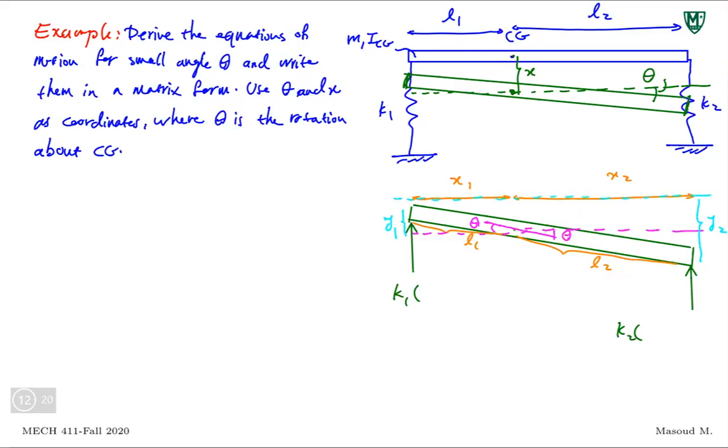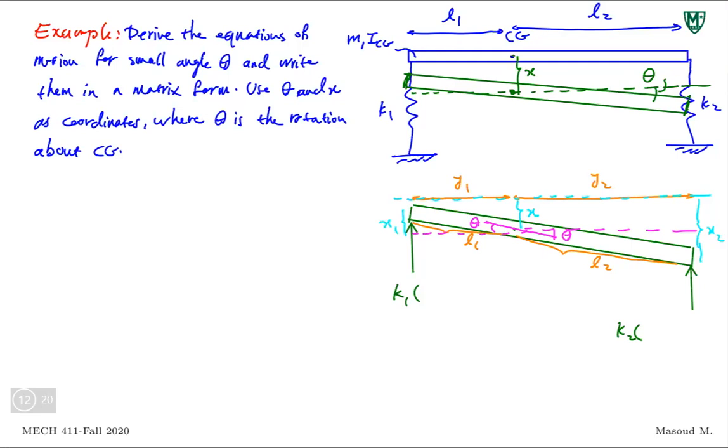It went down X amount, right? This is X. Maybe I should use the right notation, so let's do everything in X and Y direction: Y1 and Y2, and X1 and X2.